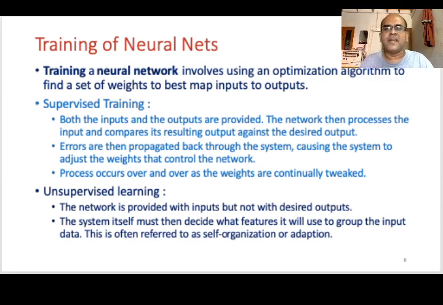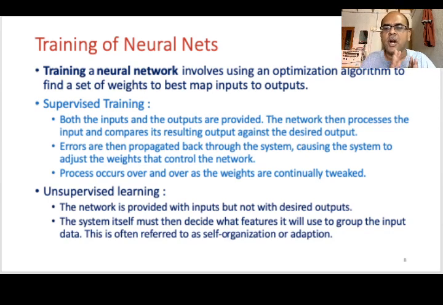The first way is called supervised training. You provide the inputs, you provide the outputs, the network will process the input and compare it with the desired output provided by you. There is something called the resulting output and the desired output.